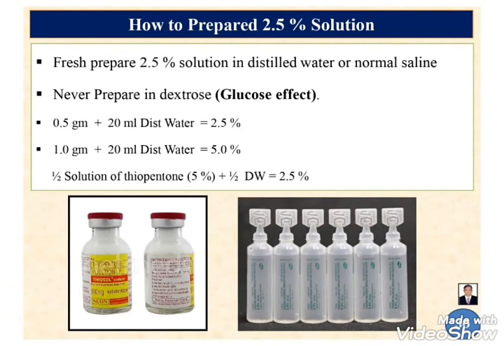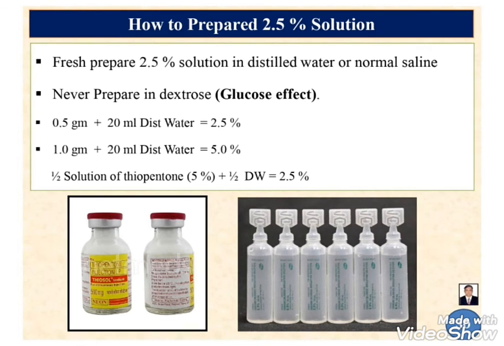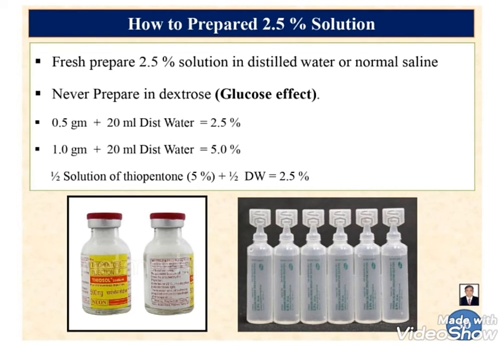Generally a 1.25 or 2.5% freshly prepared solution is used in canine practice. So how do we prepare a 2.5% freshly prepared solution? These solutions are generally prepared using distilled water or normal saline.